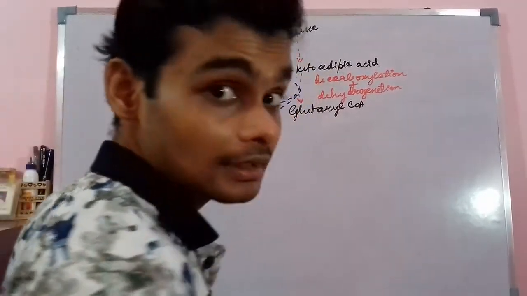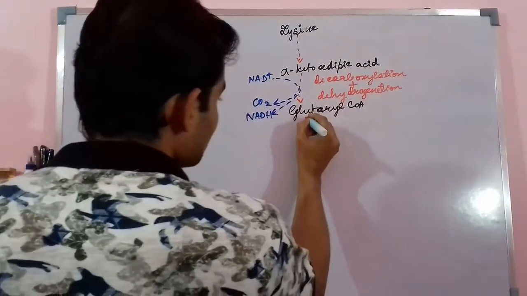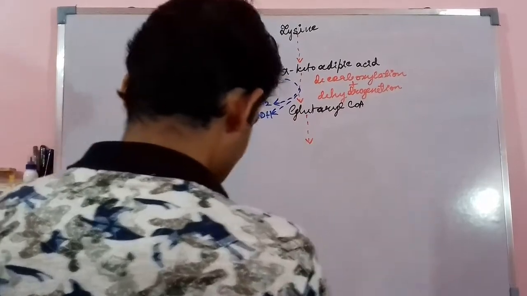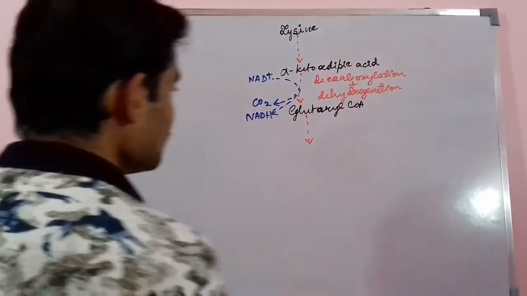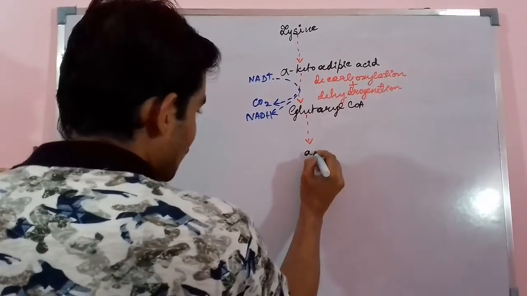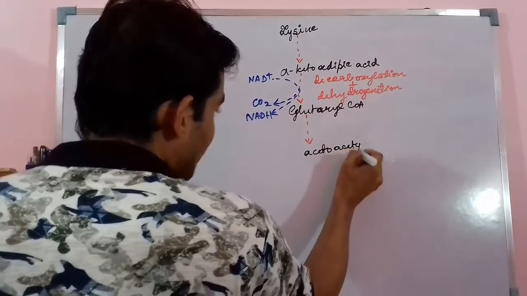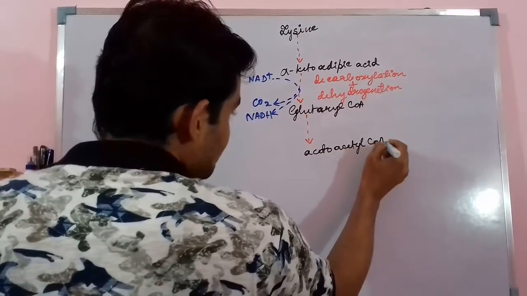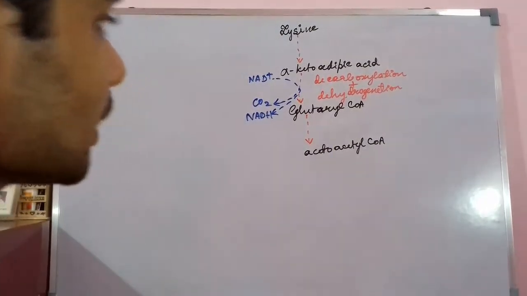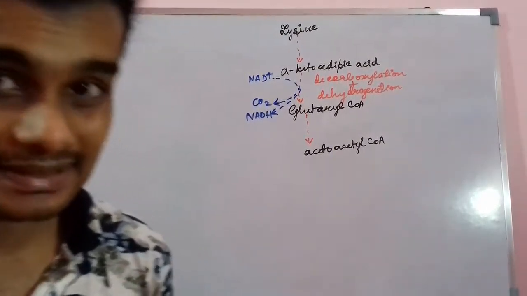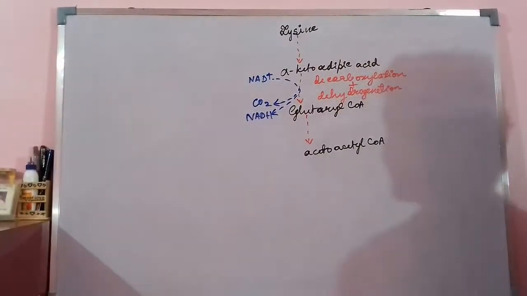Now this glutaryl-CoA molecule, in the presence of successive rate determining steps, gets converted to acetoacetyl-CoA.